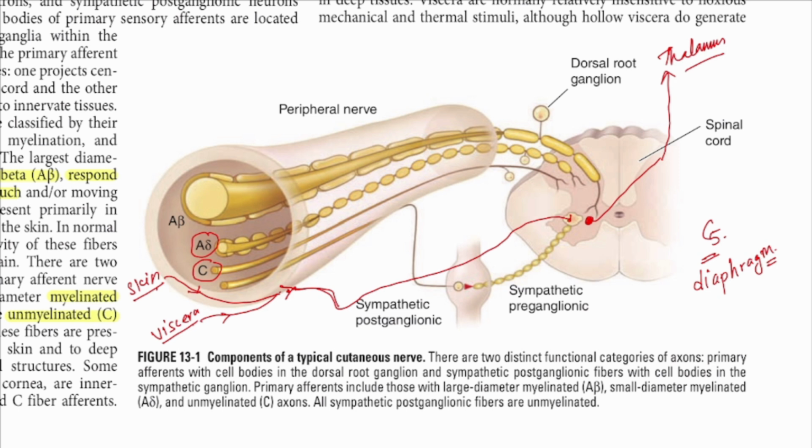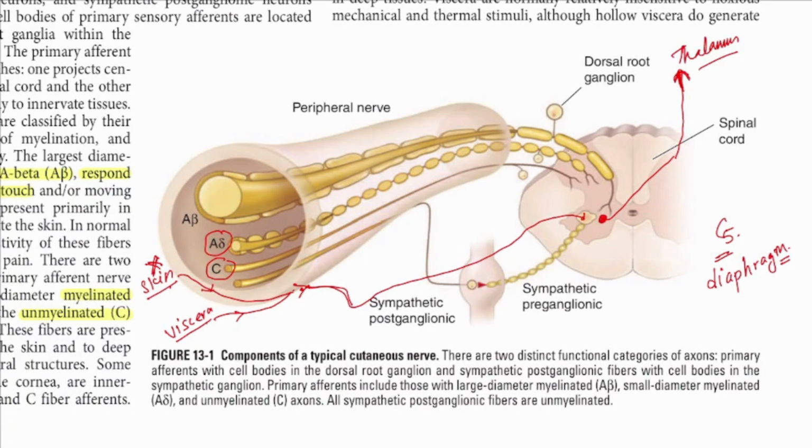Now suppose if the damage is in the skin, you will perceive the pain at the same site. If the pain is not in the skin but in the viscera, you will perceive the pain in the skin also. That is the referred pain, right? This is because of the same segment involved in the transmission of the pain.